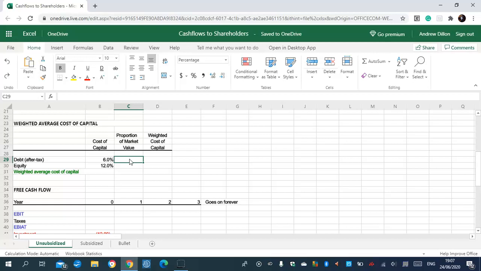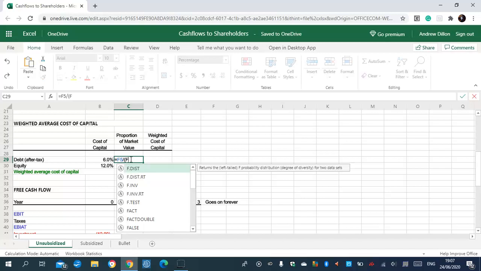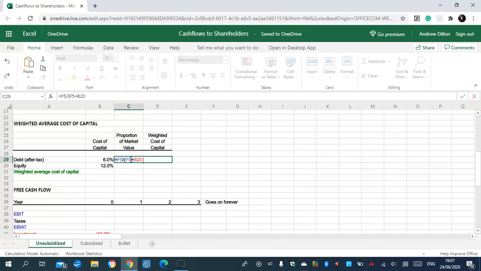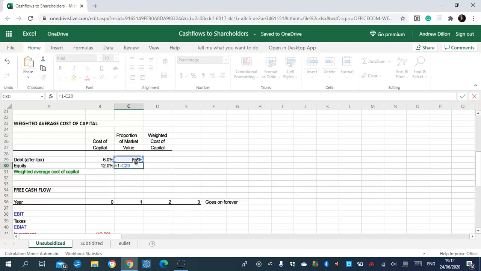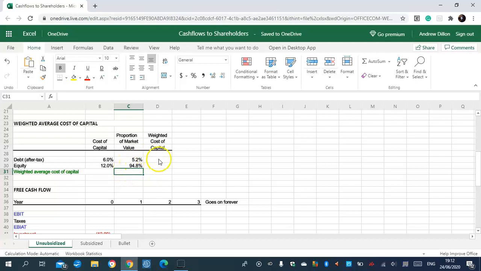Cost of capital is next. Right, now let's do the weighted cost of capital section.